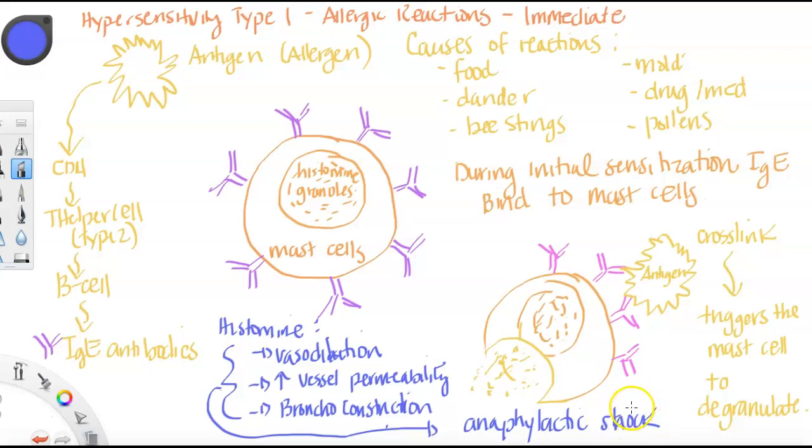If you have systemic vasodilation, like vasodilation all over the body, and those vessels are permeable, so the fluid's leaving anyway, and then you can't breathe, your blood is basically stopped flowing, okay? So that causes anaphylactic shock.